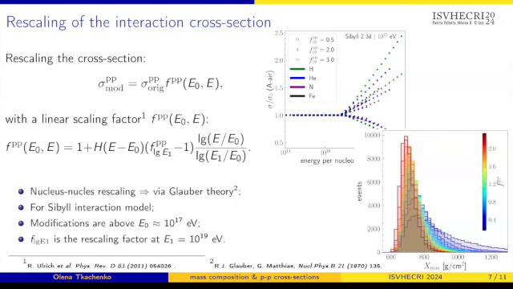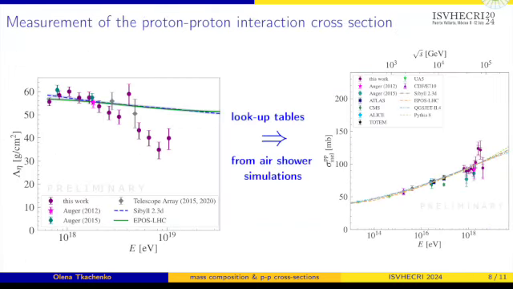Therefore, knowing the change in the lambda eta value for the different cross sections, we can construct lookup tables, which will allow us to convert lambda eta values into the interaction cross sections. On this plot, the lambda eta values as a function of energy are shown.